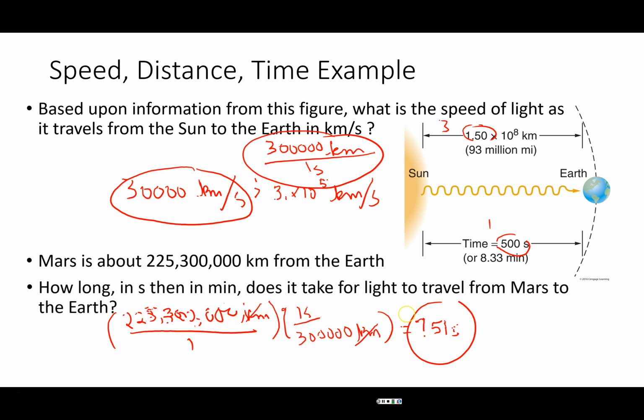There was a follow-up to this question, and it says, I want the time in seconds, and I also want the time in minutes. Now to do this second part, I'm going to go ahead and I'll put it in the margins up there. 1 minute is equal to how many seconds? Yep, 60 seconds, exactly. We can take any quantities that are just out and out equals, and we can make a per statement out of it.